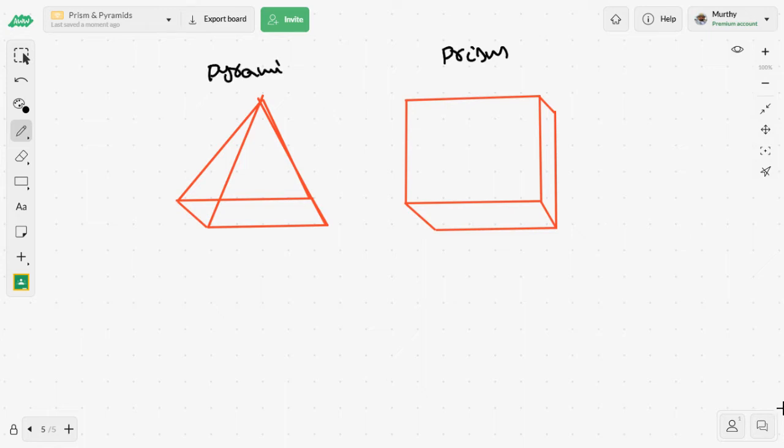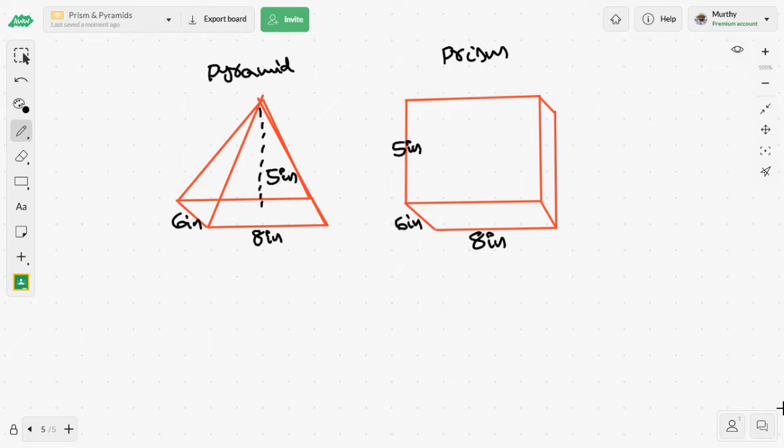Let's say that these two have the same base, maybe 8 inches by 6 inches, and the height is let's say 5 inches. And here also the length is 8 inches, width is 6 inches, and height is 5 inches.